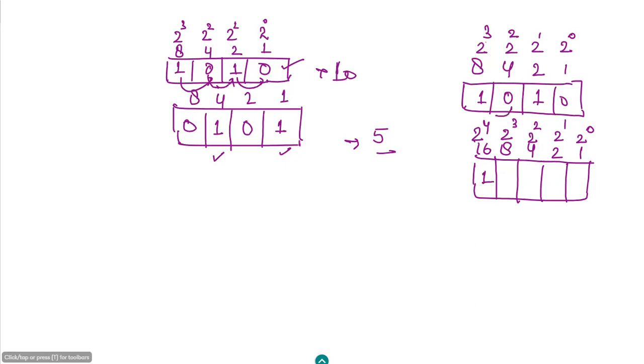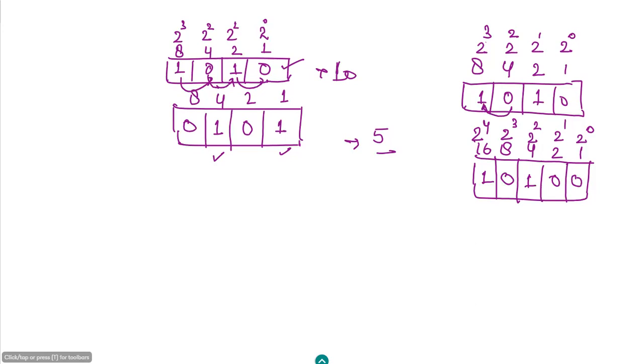Now this moves to this index position, and the bits become 0, 1, 0. This is an empty bit. There is no bit, so put 0 if the bit is not there.